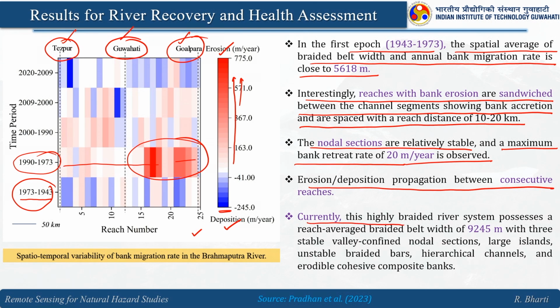Currently, this highly braided river system possesses a reach average braided belt width of 9245 meter with 3 stable valley confined nodal sections, large islands, unstable braided bars, hierarchical channels and erodible cohesive composite banks.